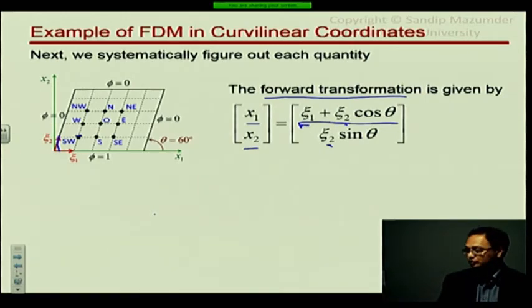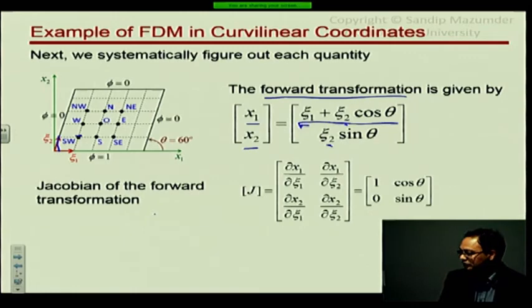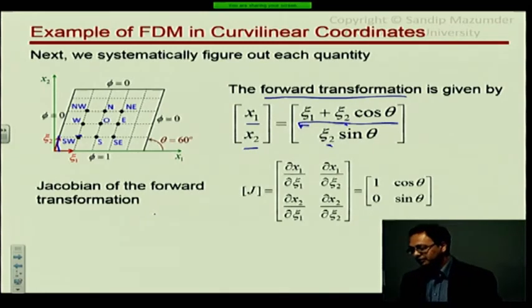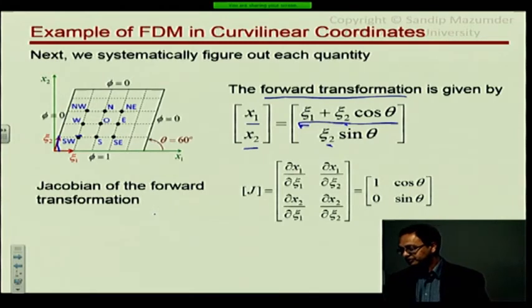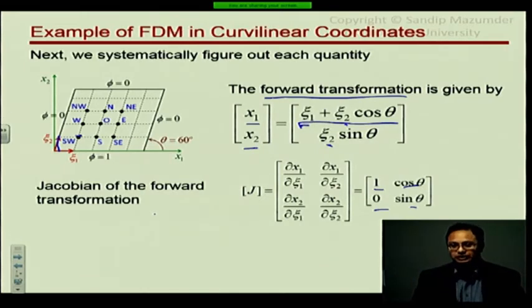All right, so pretty straightforward. So I can calculate my Jacobian of the forward transformation. So those are those 4 partial derivatives. You can differentiate these with respect to each other. And you clearly see here I get 1, cosine theta, 0, and sine theta.